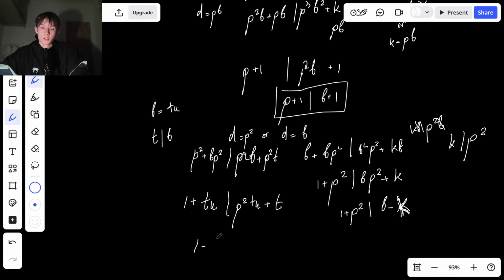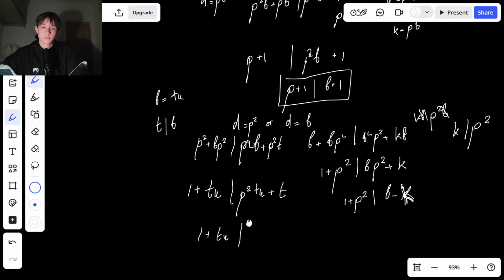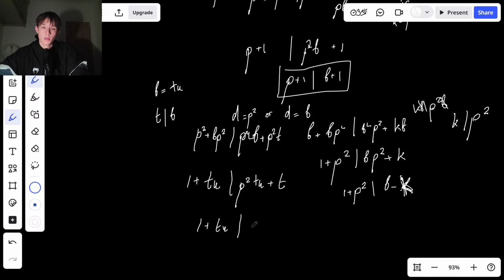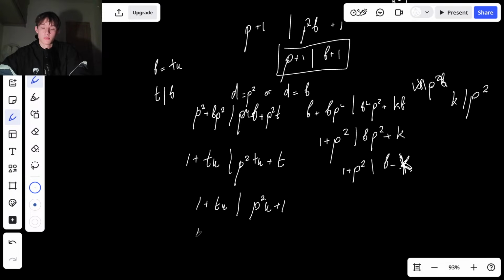And so 1 plus tu divides p squared u plus 1. So now we divide by this thing, p squared u minus ut, and cancel the u out.